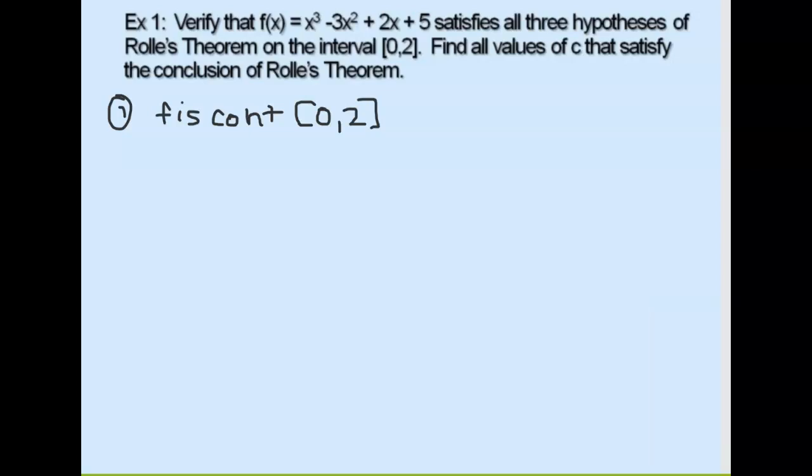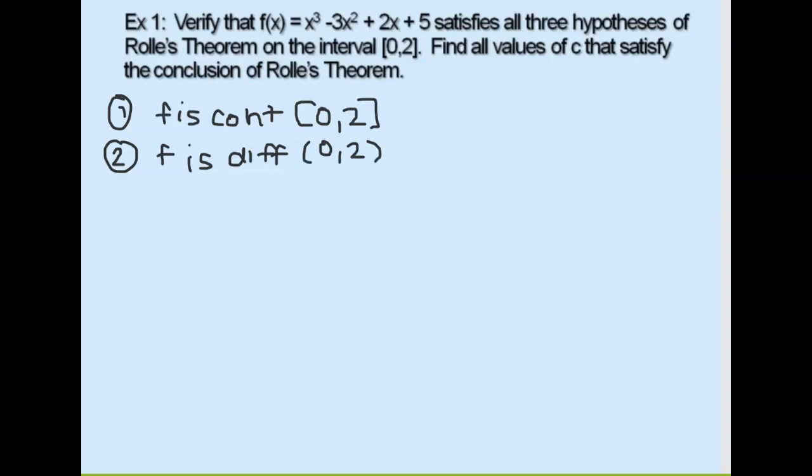Number 2, is it differentiable? Yes. And again, it's differentiable because it is a cubic, and cubics are differentiable on their domains.